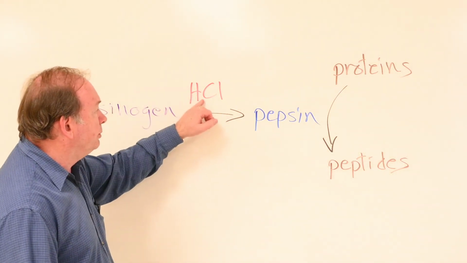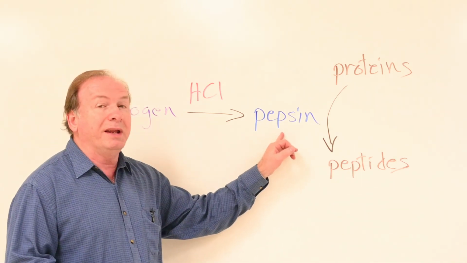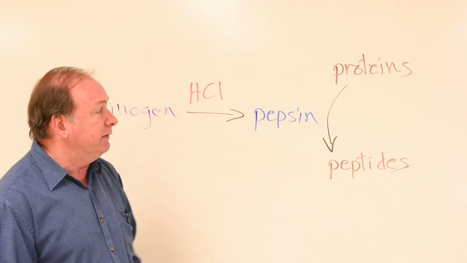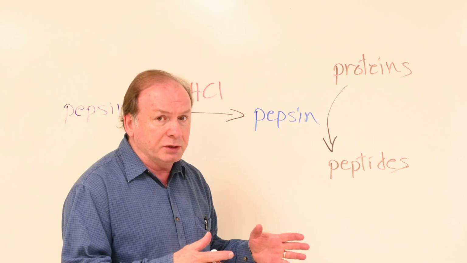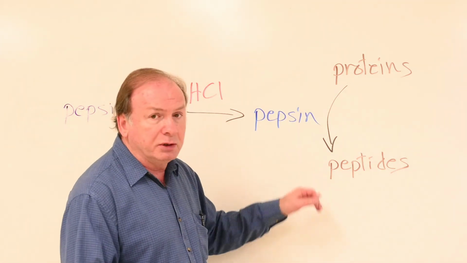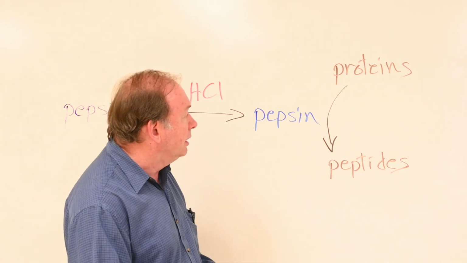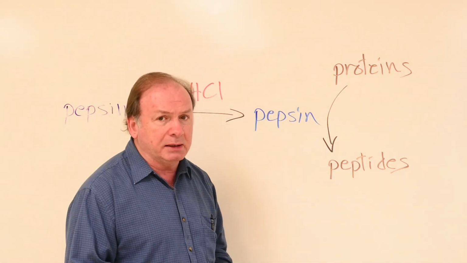So the parietal cells producing hydrochloric acid cause that pepsinogen to be converted into this active enzyme called pepsin. Pepsin, the active form, causes proteins to be broken down into smaller chains called peptides, shorter chains of amino acids. So that's what's going on in your stomach enzymatically.